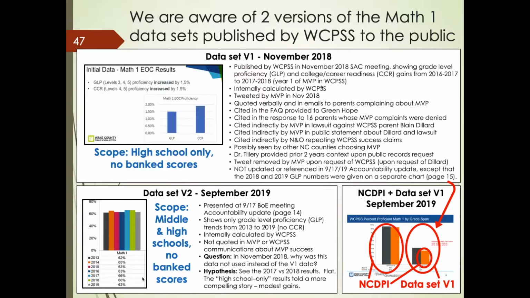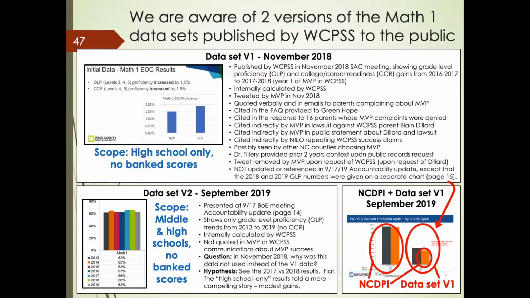So my question that I had is, in November 2018, why was this data not used instead of the V1 data? Because again, the V1 data is high school only. This data set is high school and middle schools. Why not use the data set that is more comprehensive of all Math 1 students, which would have been this data set?